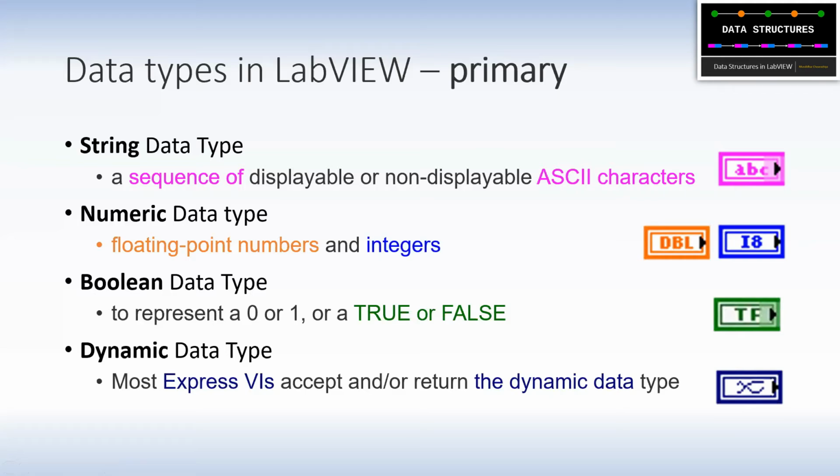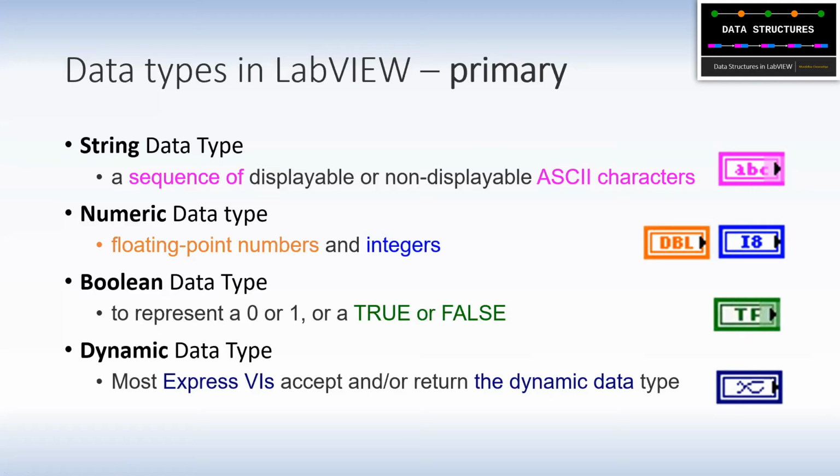Okay, so they always give out data of dynamic data type. Okay, they have this kind of color scheme for that. So when you want to handle some data from an Express VI, which is made by LabVIEW, we always use this kind of data connection. So now I will go through all these four in a little bit more detail.